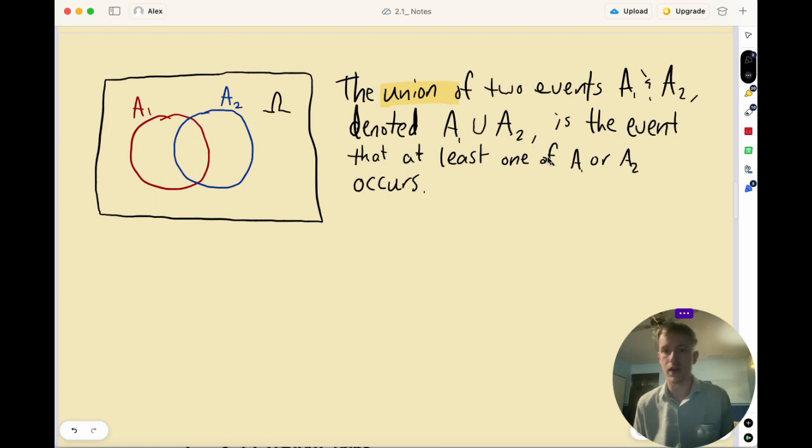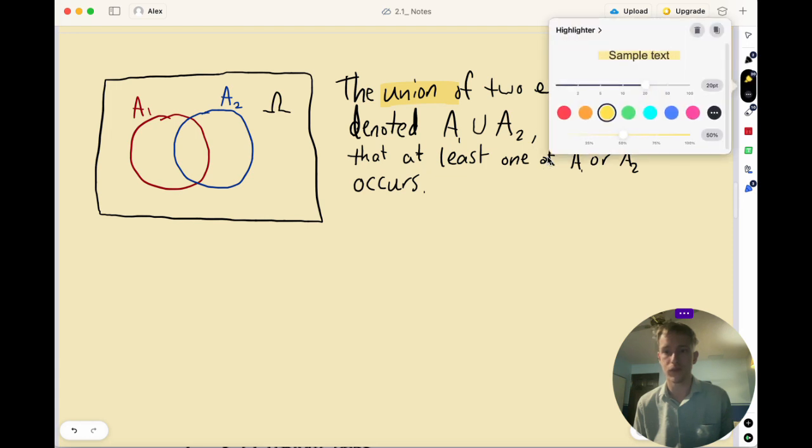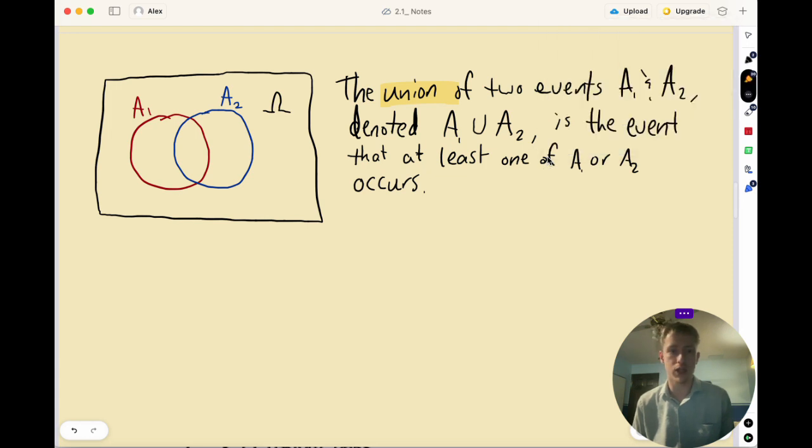To show that in the picture, we would shade A1 and A2 as well as the intersection.